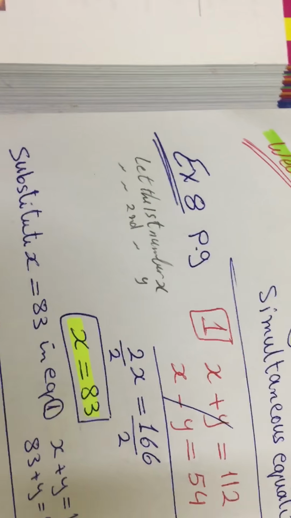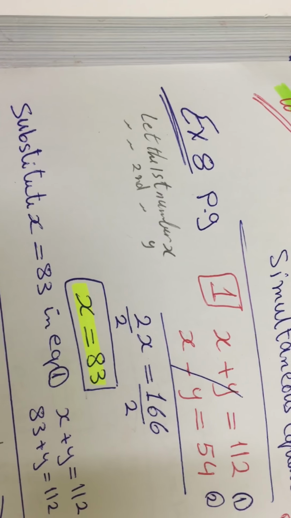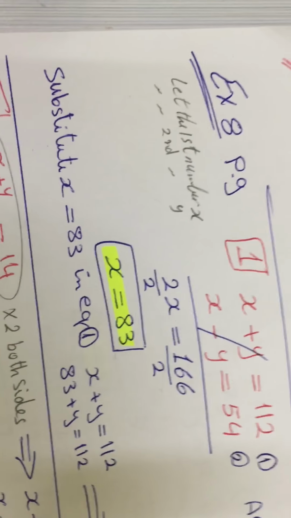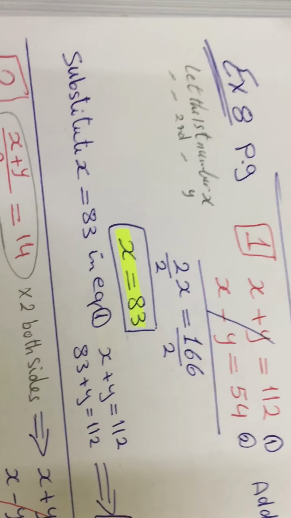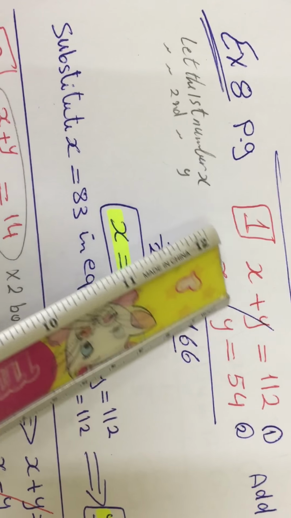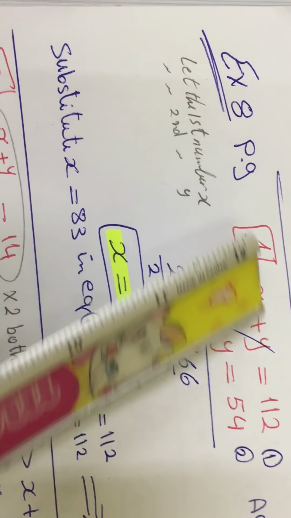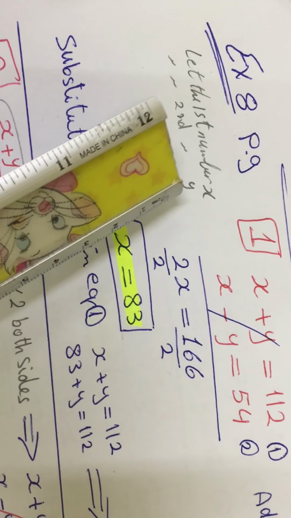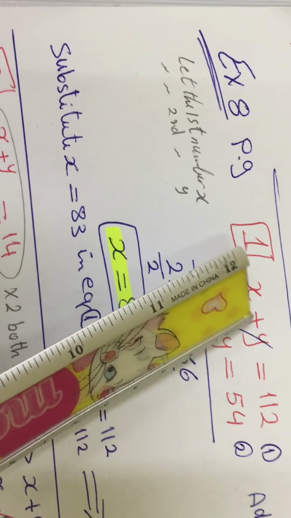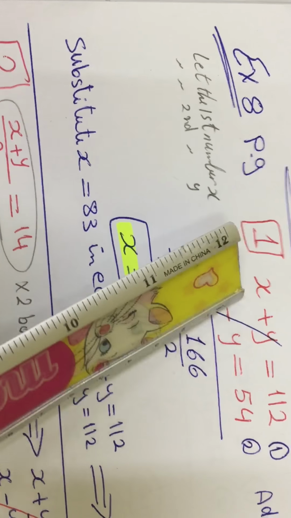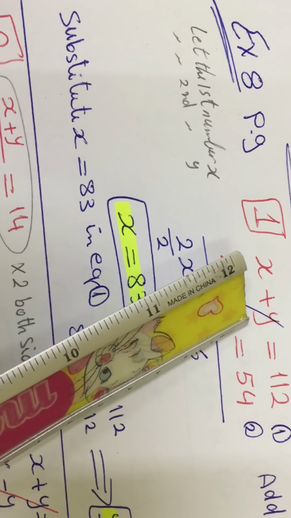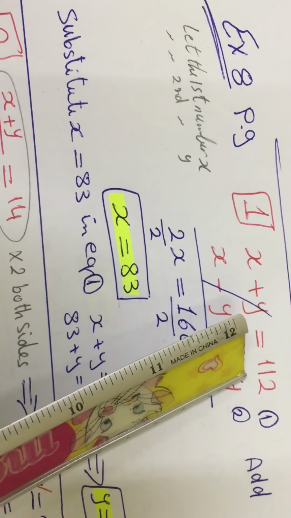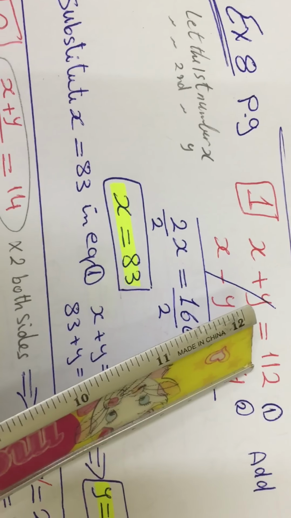This is exercise 8, page 195, number 1. It says the sum of two numbers, I let the first number x and the second number y. The sum, so I'll add x and y. The sum of the two numbers is 112. This is the first equation.